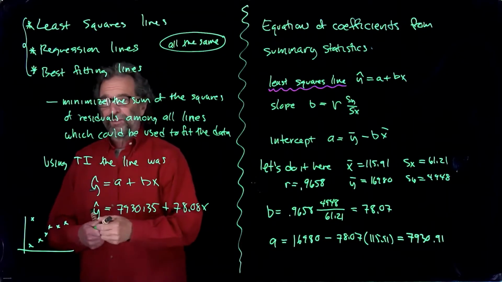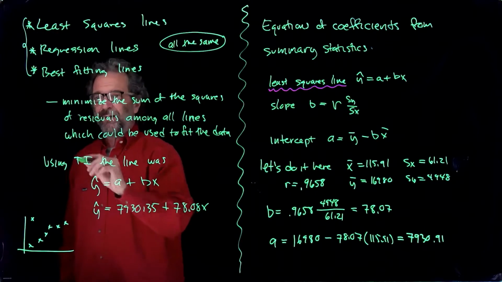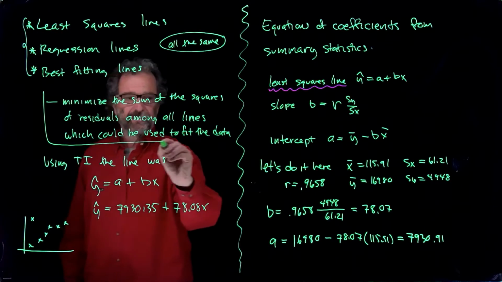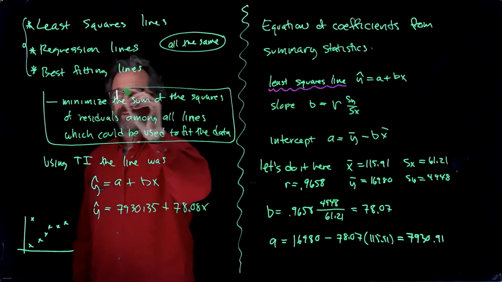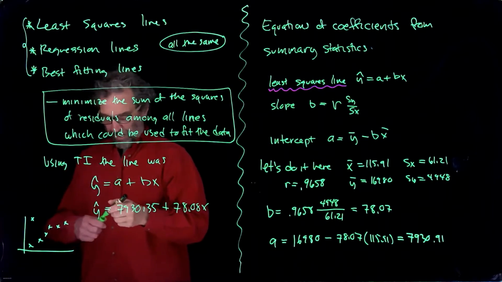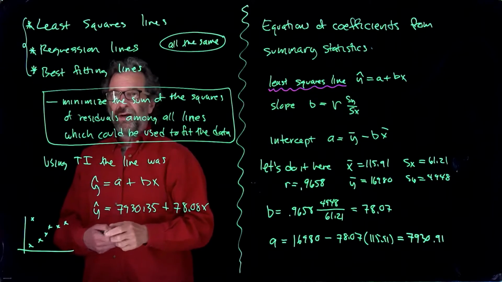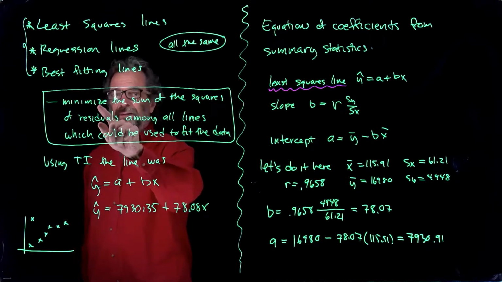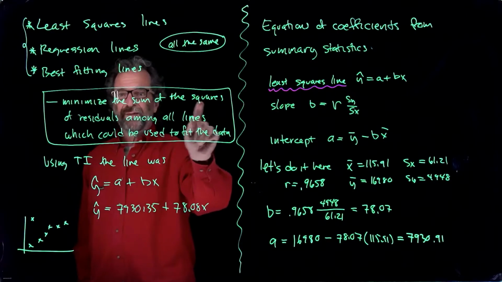And what they do, this is the mathematics behind it. There's a way to use calculus. It's pretty fun, but we don't get to do it here. To figure out what the coefficients are to get the smallest sum of the squares of the residuals.